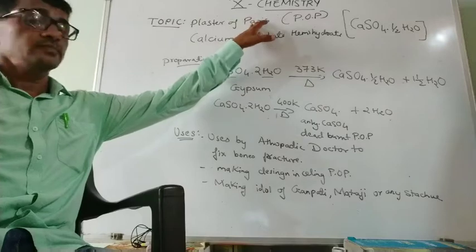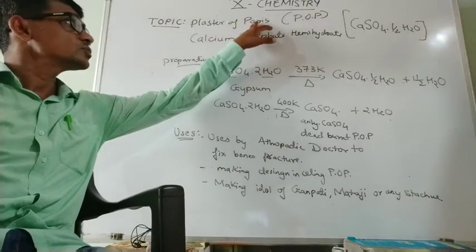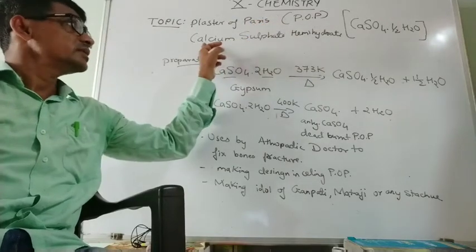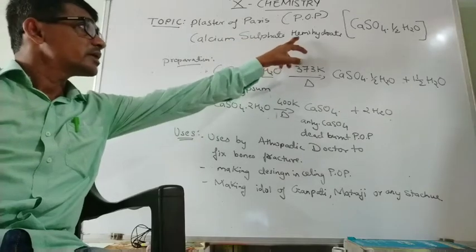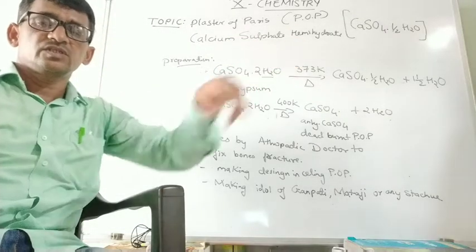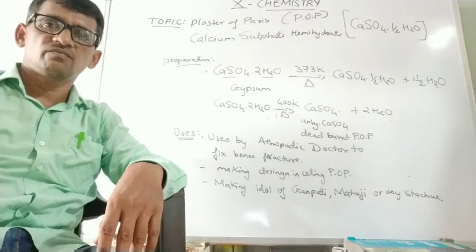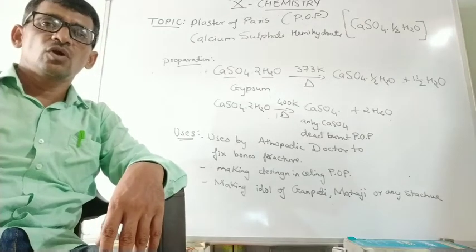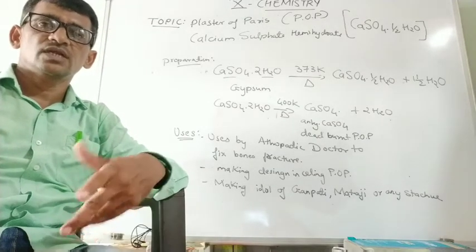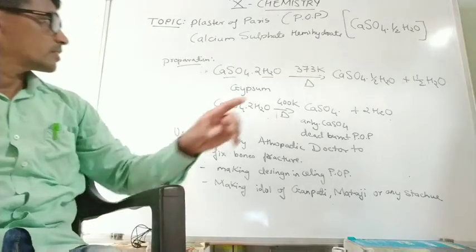It is calcium sulfate hemihydrate, CaSO4·½H2O. Hemi means half. So water of crystallization here is half.